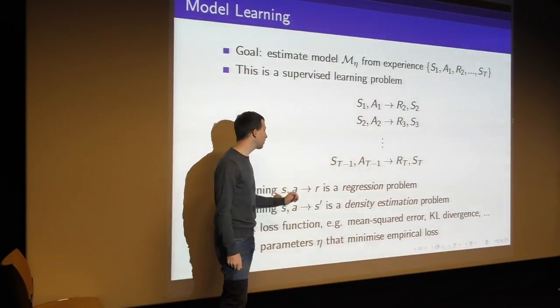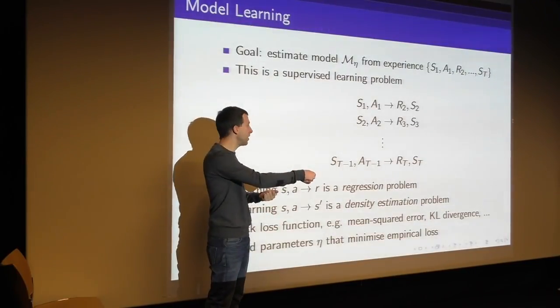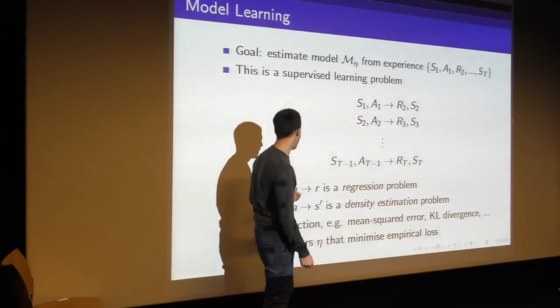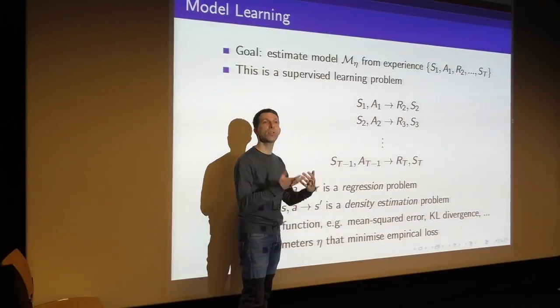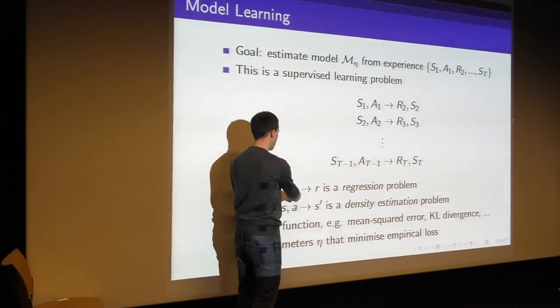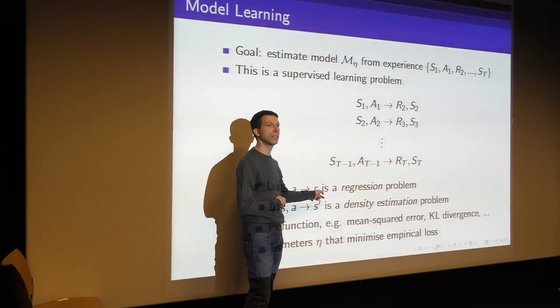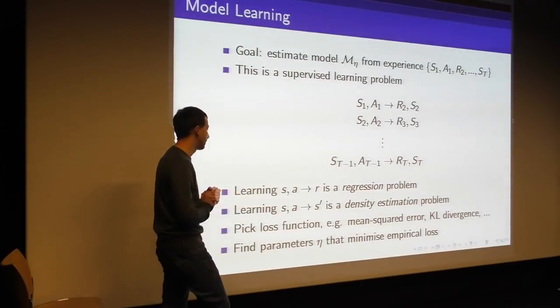To learn the reward function, we're just trying to learn how much reward I will get in expectation from taking some state S and some action A. If in S I take action A, how much reward do I expect to get? That's a regression problem. We give as input a state and action pair, and we're trying to estimate how much reward we'll get. We're just going to use all of these as examples to train this regression problem.